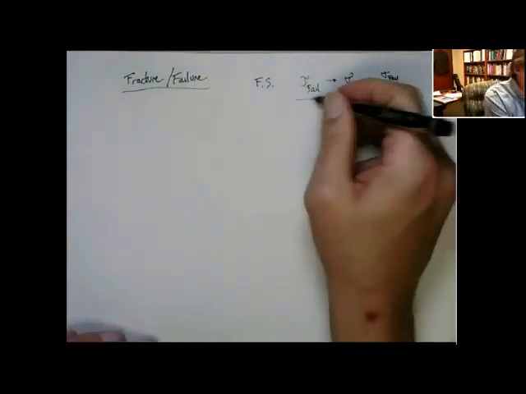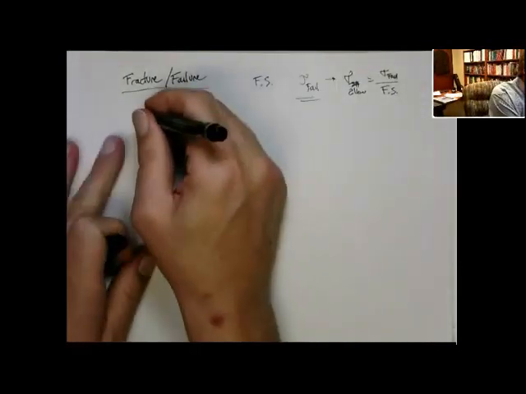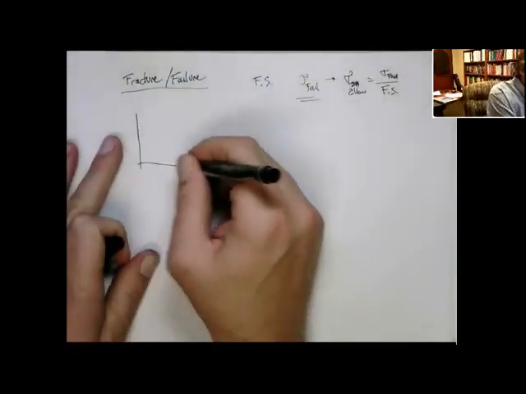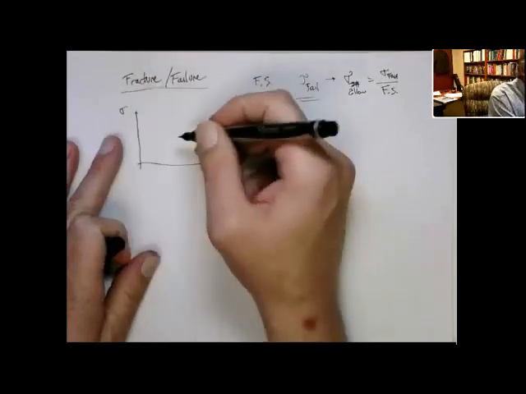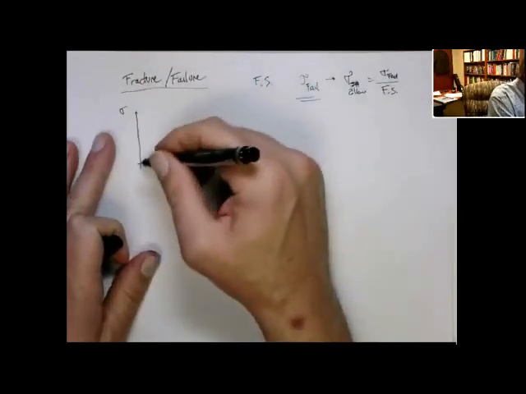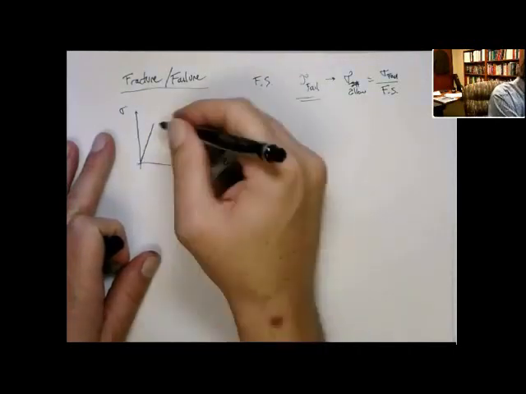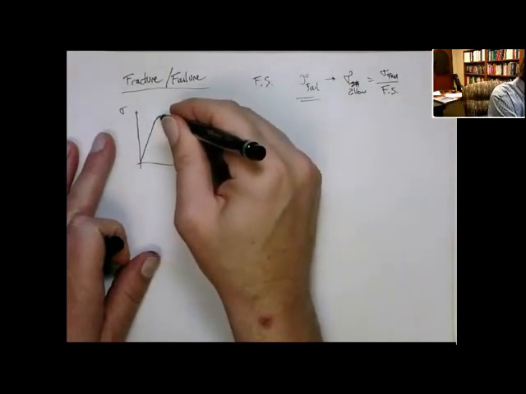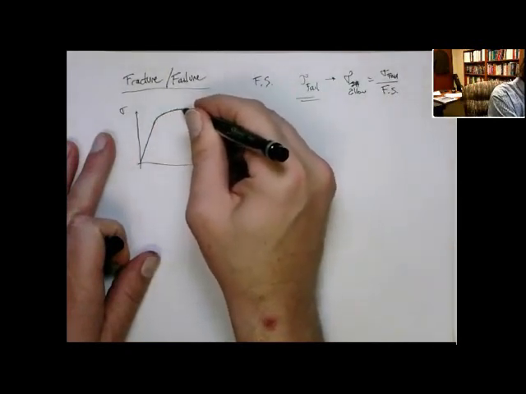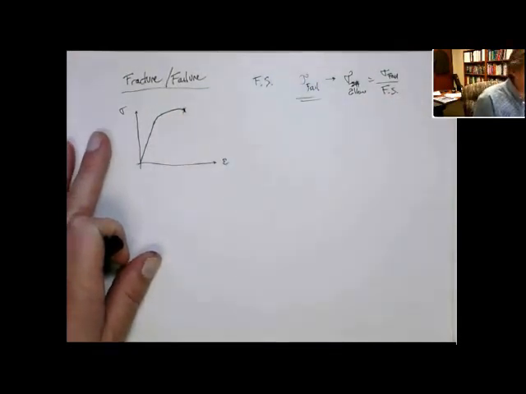So let's talk a little bit about the failure stress. If you look at a stress strain diagram for a typical engineering type of material, you have an elastic region, and usually you reach a yield, and then you start to get some amount of plasticity, and then at some point you get fracture.